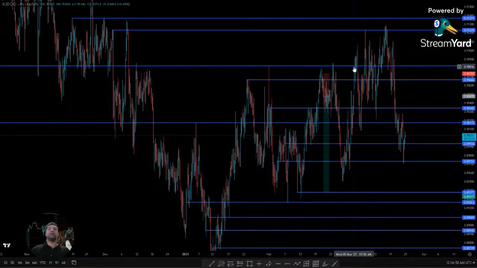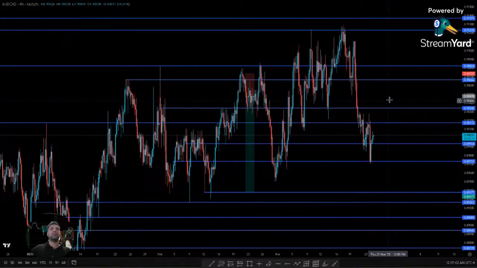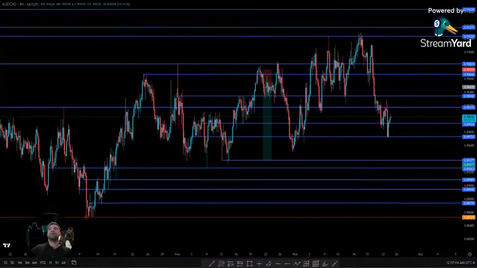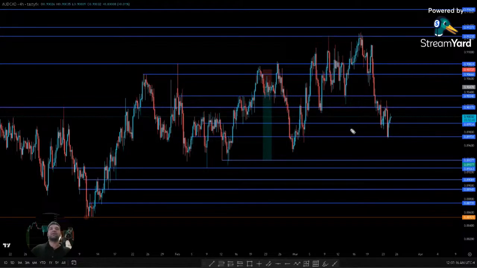And AUD/CAD right here. The Australian dollar has certainly gained a little bit of momentum around this move, although the trend is a bit ambiguous, a lot ambiguous, but we can actually get a move in here.